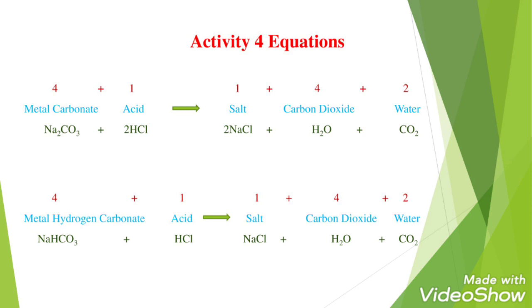The metal hydrogen carbonate number is also 4, acid 1, salt you already remember is 1, carbon dioxide 4, water 2. So metal carbonate and metal hydrogen carbonate both reacting with acid give the same products. In this way, both are of the same nature.